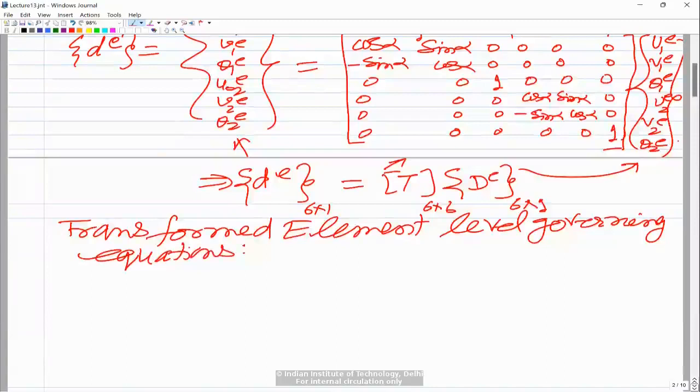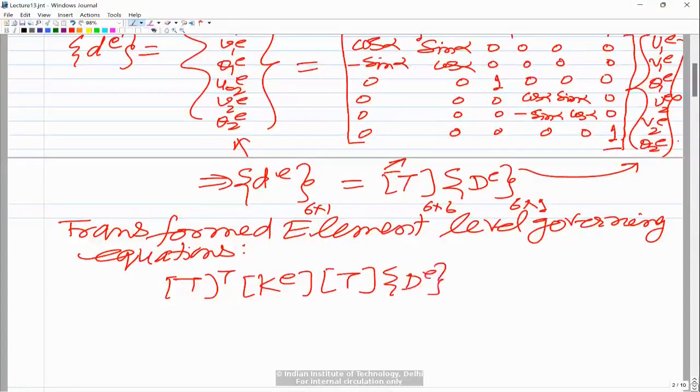so that the element level governing equation becomes T transpose into Ke into T into capital DE is equal to T transpose into F external for the element, plus T transpose into F internal for the element.